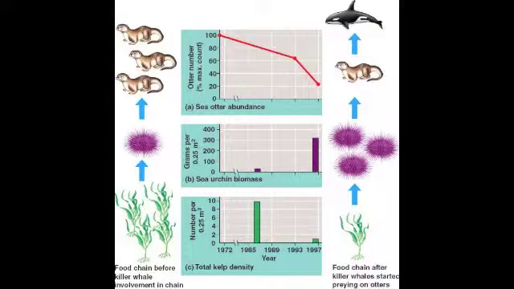However, when there's a low abundance of sea otters, as you see in the right-hand column, either due to being eaten by orcas or being poached by humans, there's not as many of them to eat the sea urchin, so the sea urchin is an overabundance. And because there's an overabundance of sea urchins, the density of kelp actually goes down because they're eating so much of it.